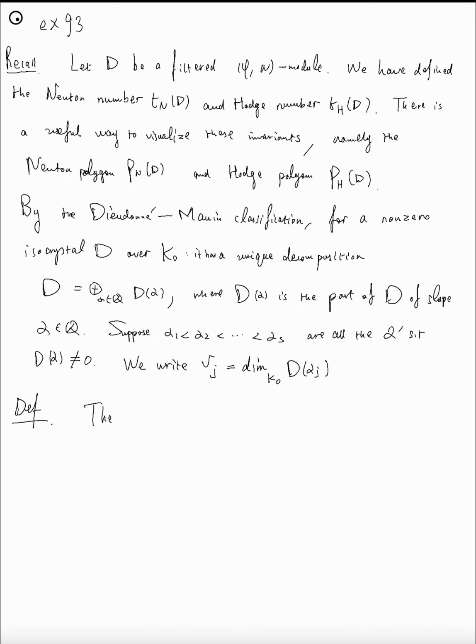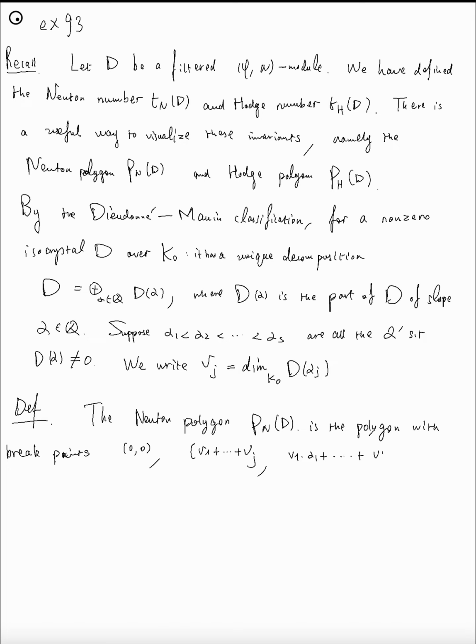Definition: the Newton polygon, denoted by P_N of D, is the polygon with breakpoints 0, 0, and then for any fixed j with 1 to s, the x coordinate is v1 plus up to vj, and the y coordinate is v1 times the slope alpha 1 plus etc. up to vj alpha j.